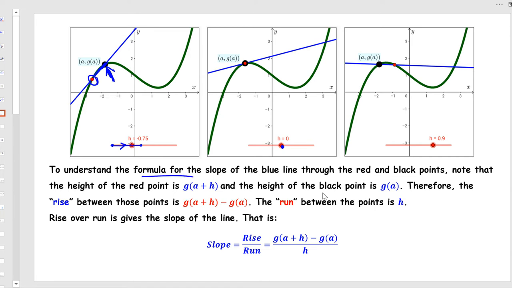To understand the formula of a derivative, this is the rise over the run. If you run in this way and rise in this direction, this is the rise and here it is the run.